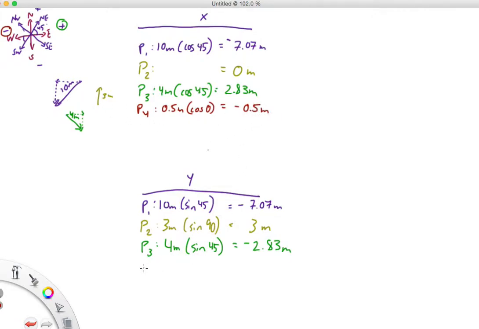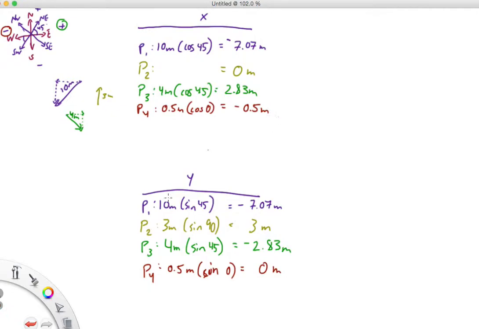There it is. And then for the y of P4, if it makes you sleep better at night, you can say sine of 0, but that will just be 0. So this whole thing will be 0, right? Okay, so those are all our x's and all our y's in all the directions.